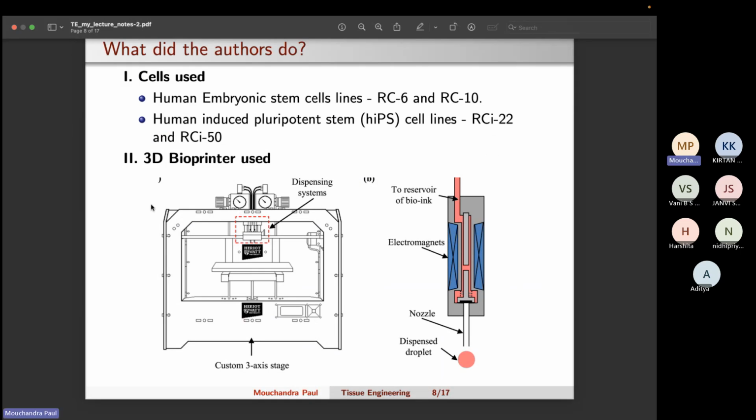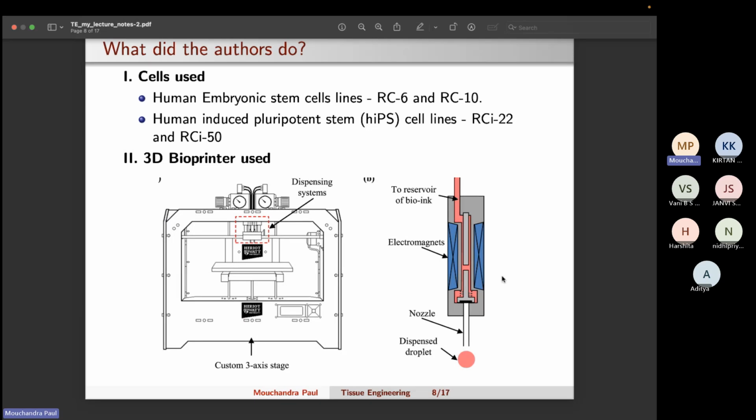And this is the diagram of the 3D bioprinter that they have developed and used in the study. This is the entire cabinet where you can maintain sterile airflow, and it won't allow any external air to come in and contaminate the area, as well as there are print heads, into which we load the bioink.